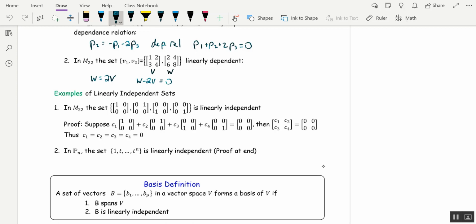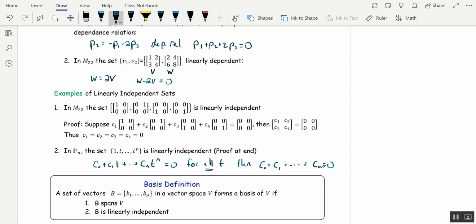It uses the fundamental theorem of algebra, but essentially what you have to do is show that if you have c0 plus c1 t plus ... cn t to the n, and that equals 0 for all t, then all your c's are 0: c0 equals c1 equals ... equals cn equals 0.